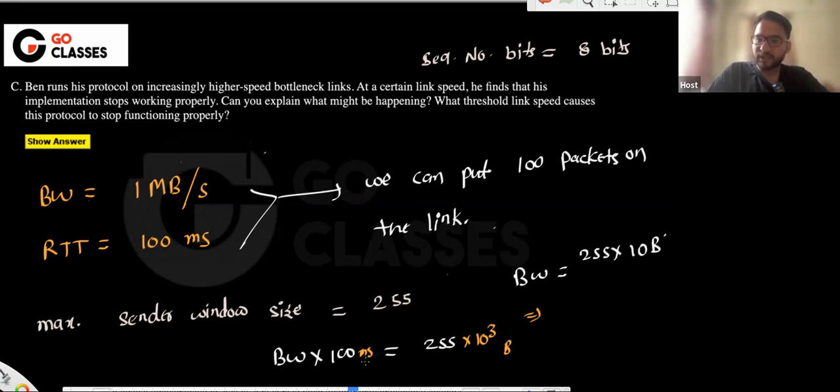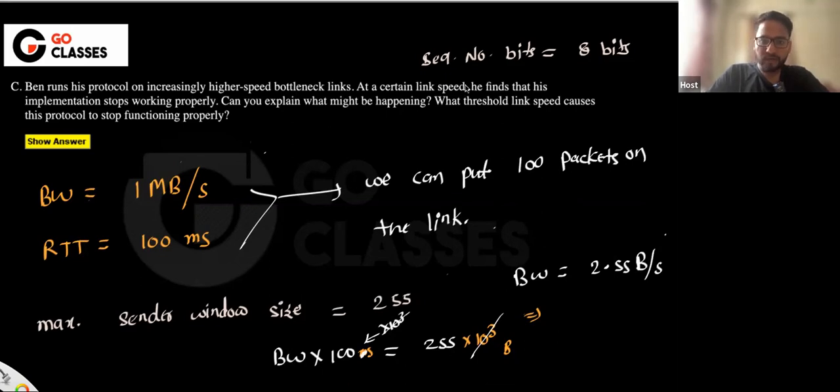Since it is per millisecond, let me convert this into seconds, at least by 10 to the power 3, so you cancel this out and it is in seconds. Then it will be 255 upon 100, so 2.55 bytes per second. Is this correct, or is something wrong?